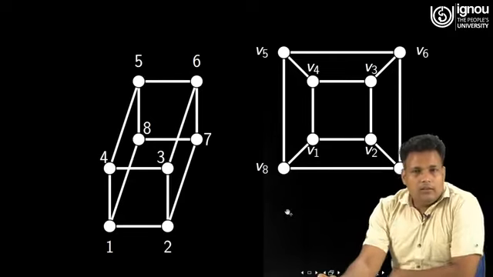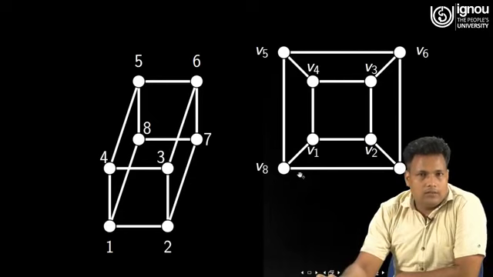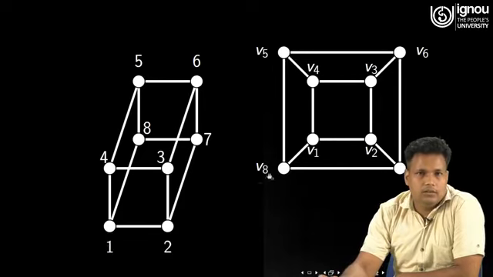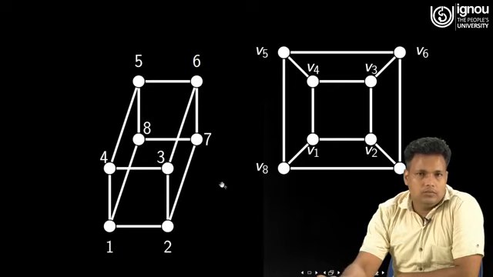Okay, so these are isomorphic, but let's now find what the isomorphism is. We map the vertex 1 here to the vertex V1 here, and the vertex 2 to V2, 3 to V3, 4 to V4 and so on.